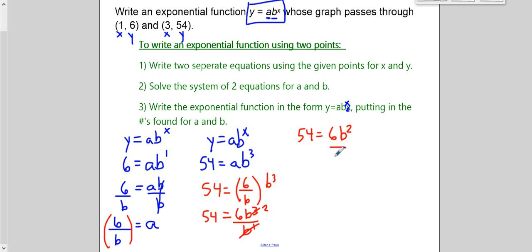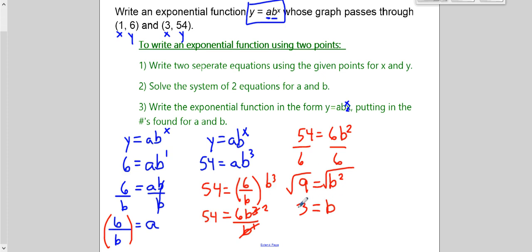Solve for b. Do the squared by square root. b equals 3. Now that we have b equals 3, it would be plus or minus 3, but we need b to be positive.